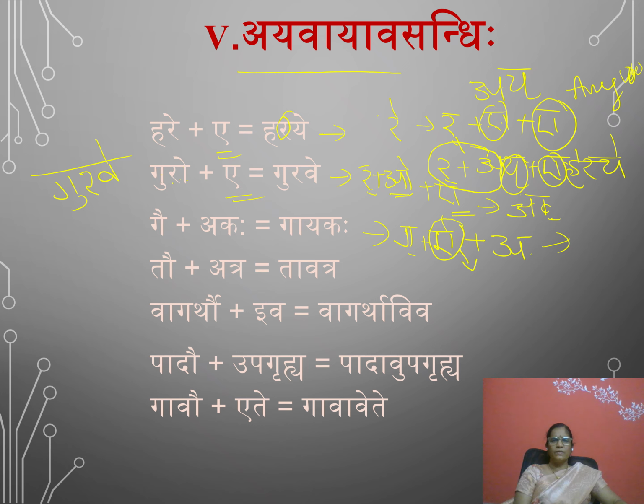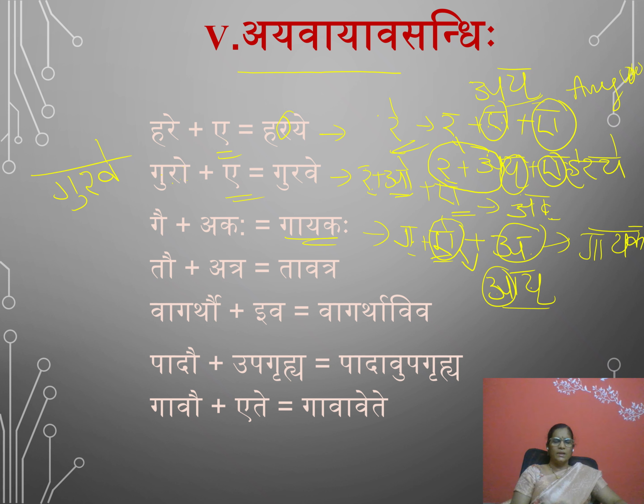In the place of ai, we are getting I. Okay. Then g plus a, ga. U plus a, ya. The last letter kaha is remaining the same, gaya kaha we got.